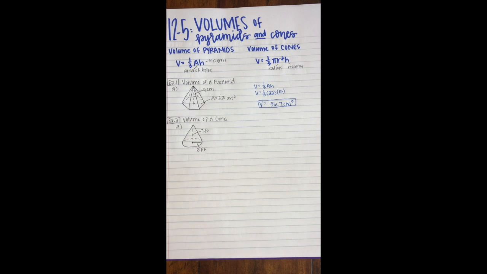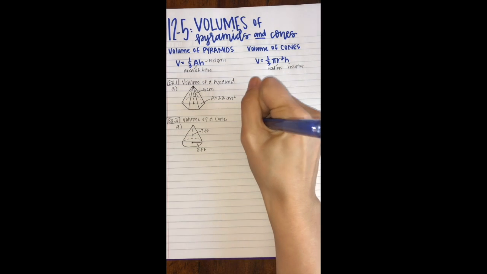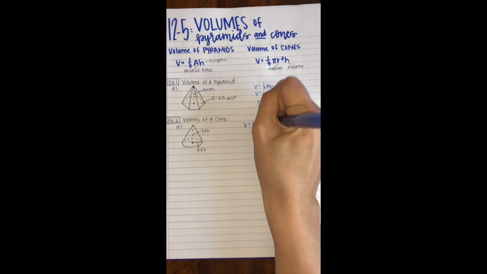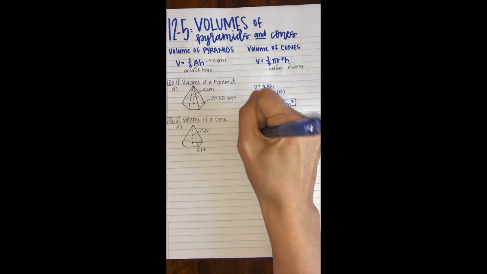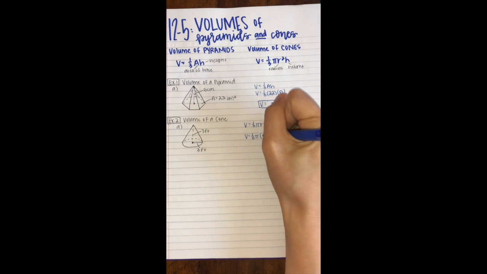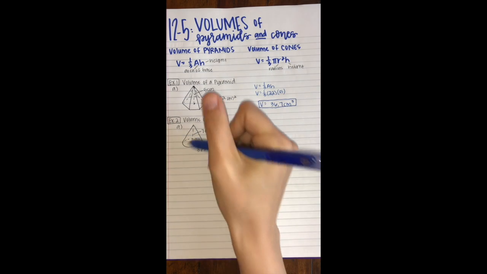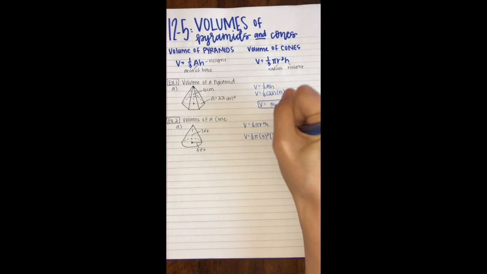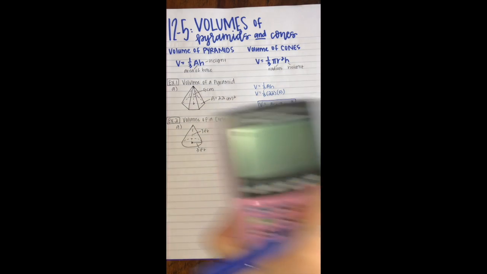Okay, so now for volume of a cone. The volume formula is 1/3 pi r squared h. So we do 1/3 pi r squared. Well, r is 3, so that'll be 3 squared. And the height, well, we're already told the straight height, so it's 7. So now we just go straight to the calculator.